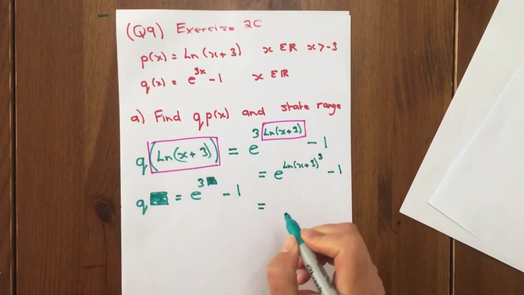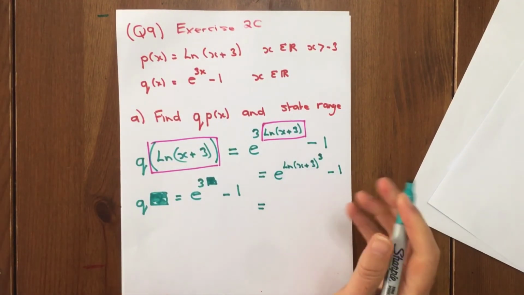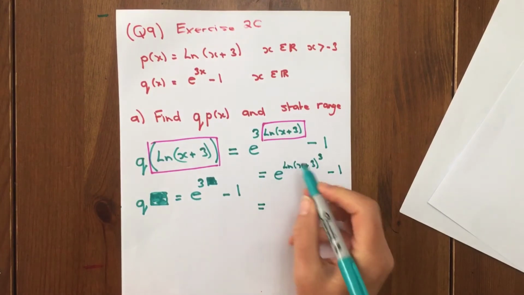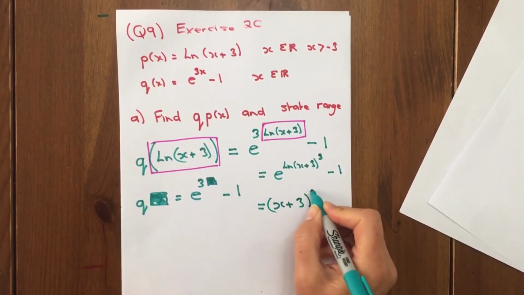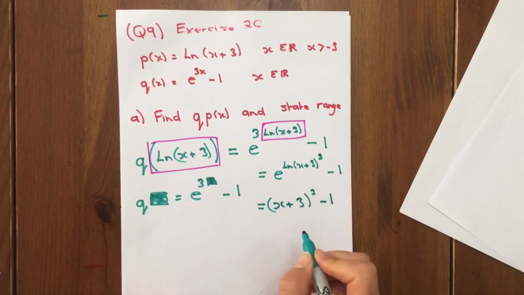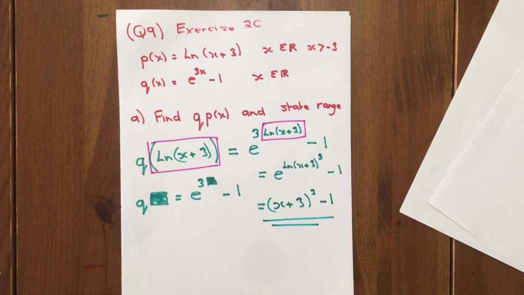And now I know that e and ln are inverse functions, so they will just cancel each other out. So I'm left with this. So my answer for qp of x equals this answer here.